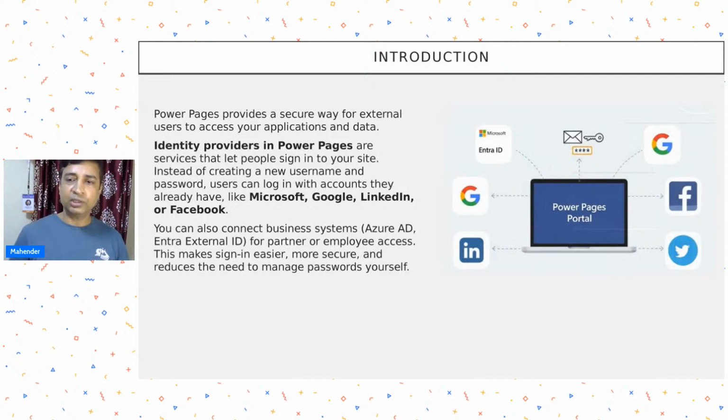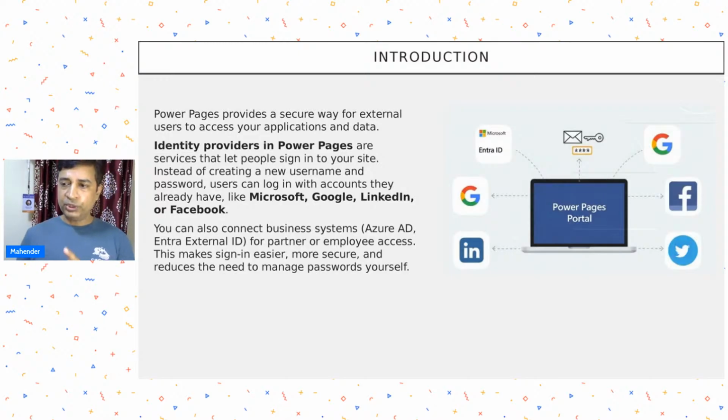Power Pages allows us, apart from the standard username and password, to use an identity provider. As you can see here, we have different types of identity providers that are part of Power Pages, which we can configure, and which allow us to use existing credentials to access Power Pages or any other website where we have implemented this identity provider.